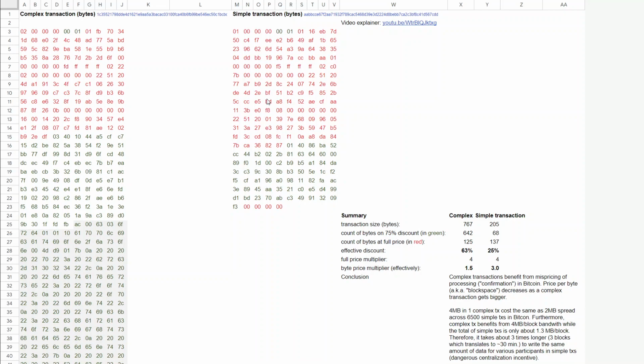Because there is also an incentive right now to create those complex transactions, benefit from everything that Bitcoin offers, so immutability, the security of the network, and at the same time enjoy the smaller fees, and as a result achieve basically the same as many dispersed independent simple transactions could, but in a centralized manner.